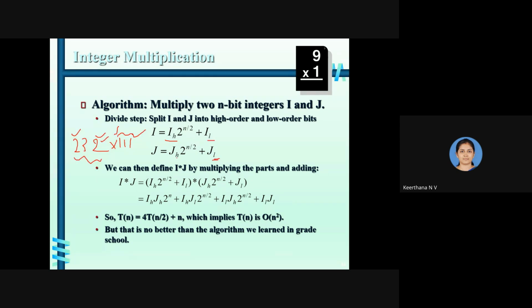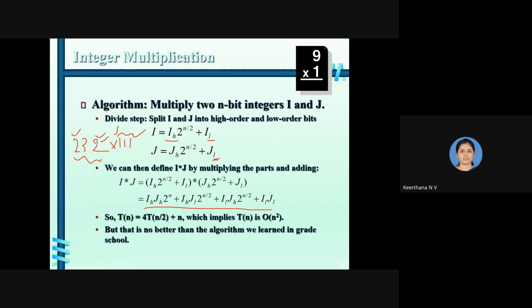L is the lower bit and H is the higher bit. So again you will be multiplying these two factors, multiplying all of these. I will be getting this. So this will be your final. After adding these up, you will be getting your final result.